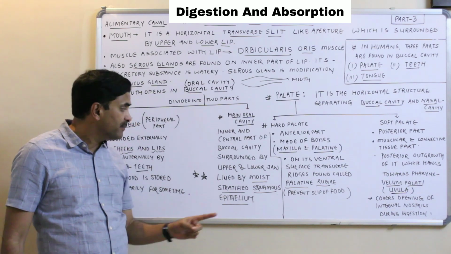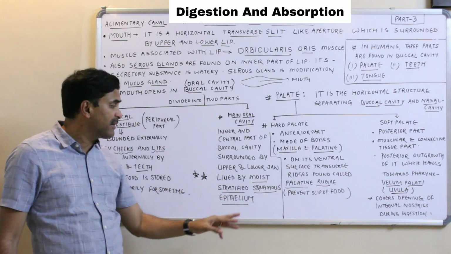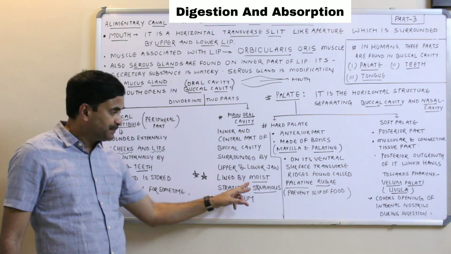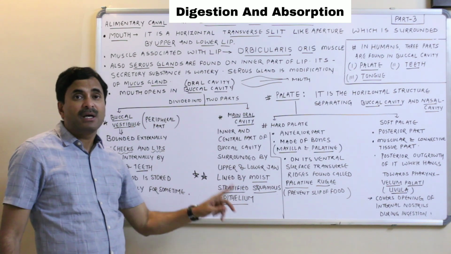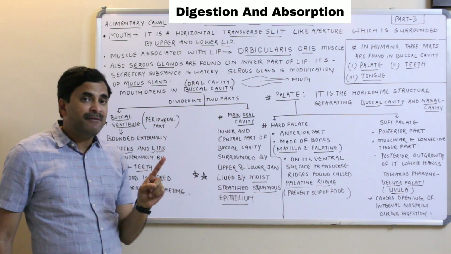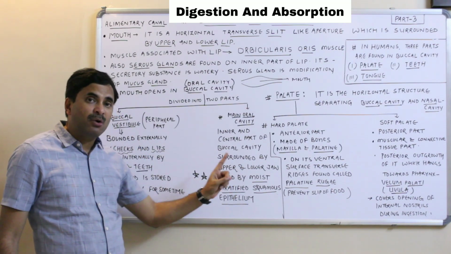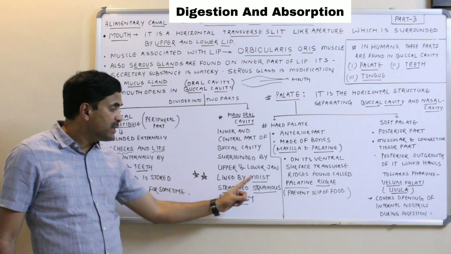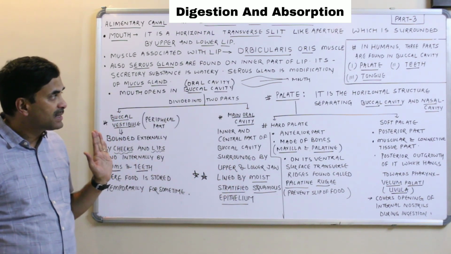So remember this, that the main oral cavity is lined by moist stratified squamous epithelium. If the question is asked in the examination that the oral cavity is bounded by, you will answer it is lined by moist stratified squamous epithelium. Is it clear?